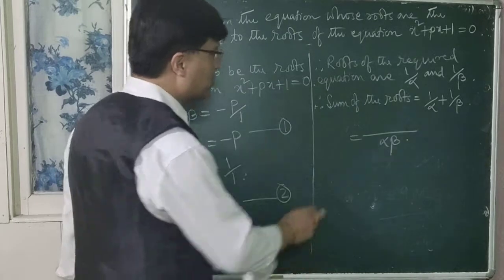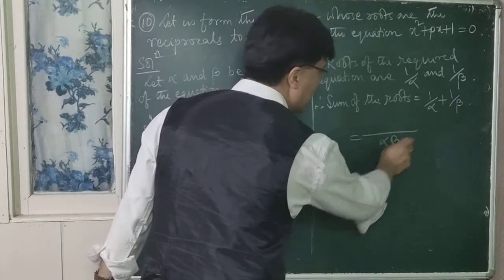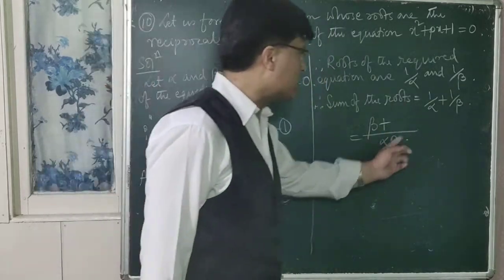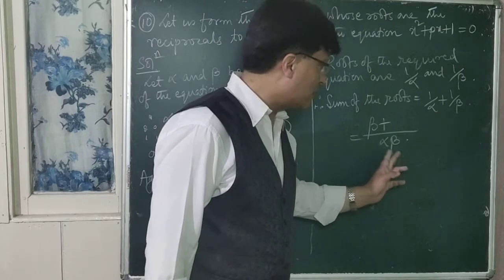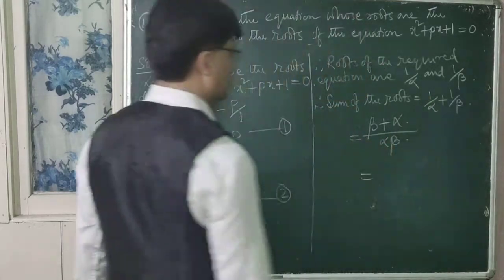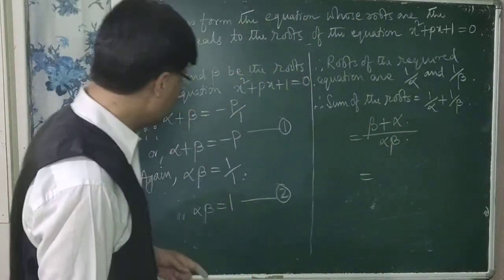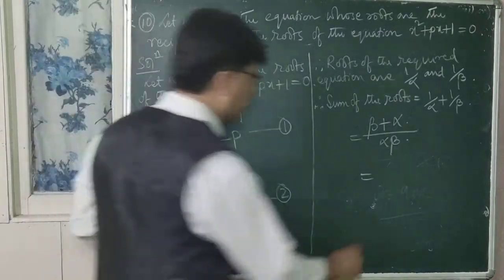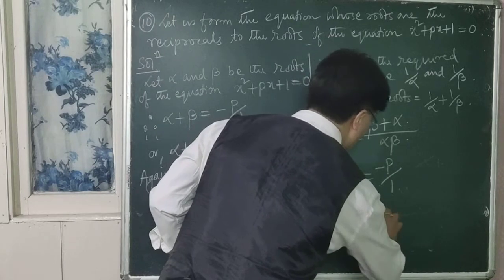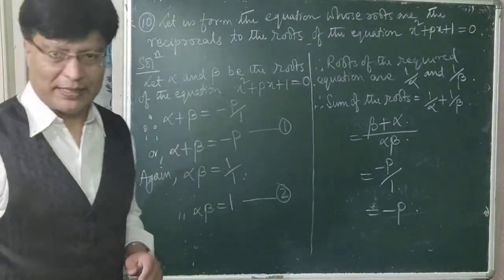Now this LCM is divided by alpha gets cancelled, it remains beta into 1 is beta, plus, again this LCM is divided by beta gets cancelled, you will get alpha into 1 is alpha. So which is equal to beta plus alpha, which is the same as alpha plus beta. What is the value for alpha plus beta? It is minus p. So minus p divided by alpha beta, which is 1, which is equal to minus p. What is the sum of the roots? It is minus p, right?